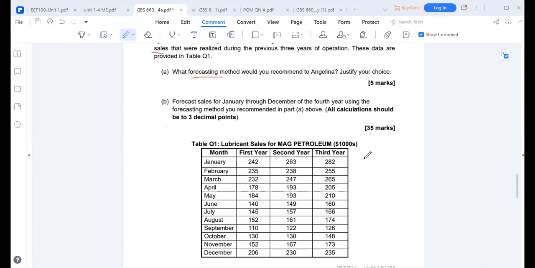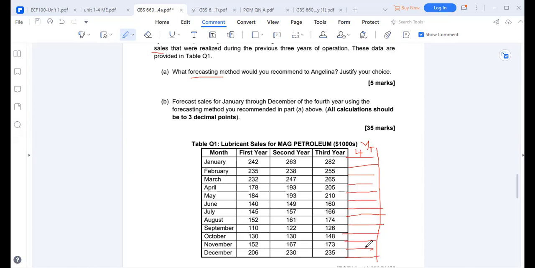So meaning to forecast year 4, we should use a regression analysis, substituting the figures in the regression line for us to get the forecast for year 4. But what goes on in this course in POM, in forecasting, this is not a simple regression.